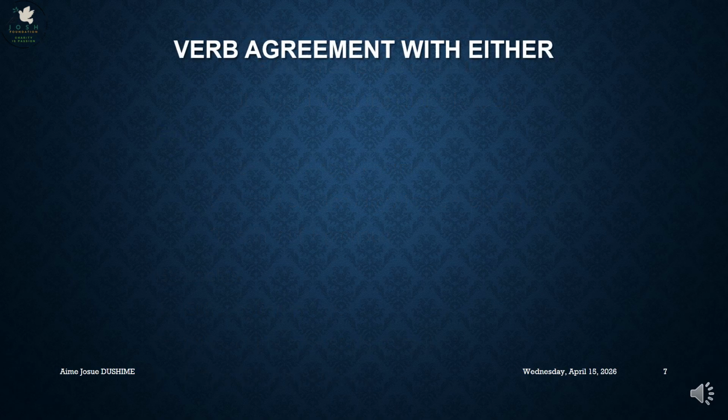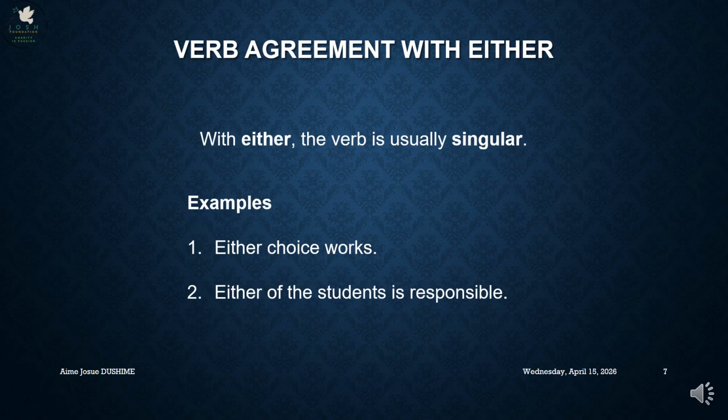The arrangement with either, the verb arrangement. It is usually singular. It is considered as singular, not plural. Both is considered as a plural. It depends on the structure you use. But here, either is always considered as a singular thing, which means that when you use it with he, she, it, and any other thing, the verb should have s.